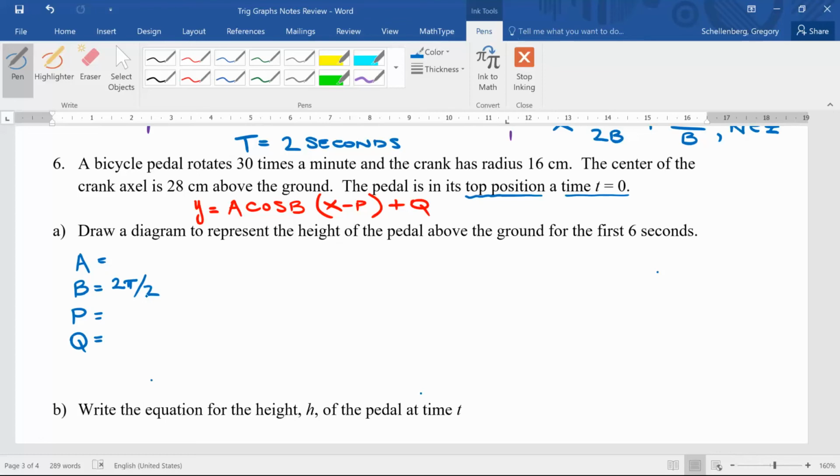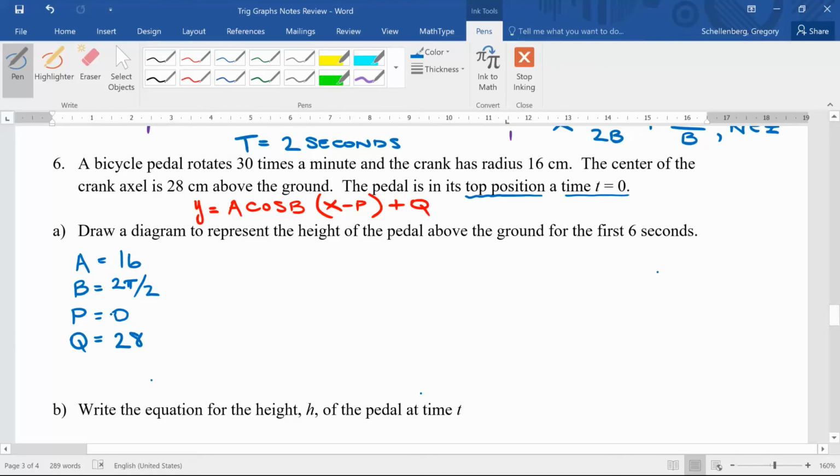The center of the crank axle is 28 centimeters above the ground. Okay, the center of the crank axle is going to be the midpoint of our graph. So our Q value is going to be 28. The radius is going to be our amplitude, which is 16. And the pedal is in its top position at a time of t equals 0 seconds. Therefore, we have no phase shift. Our p-value is 0.